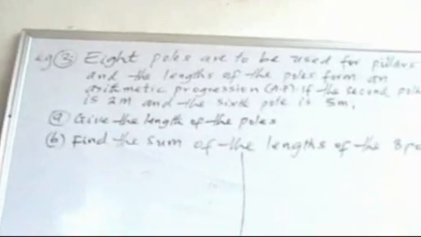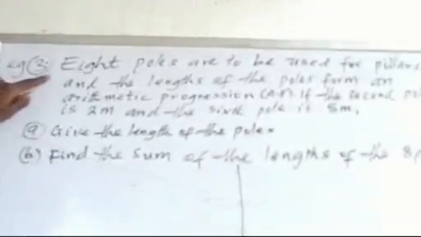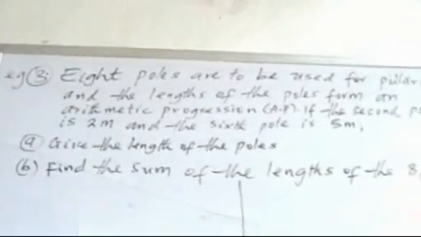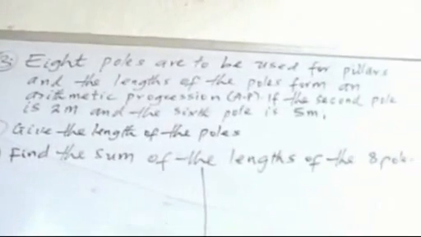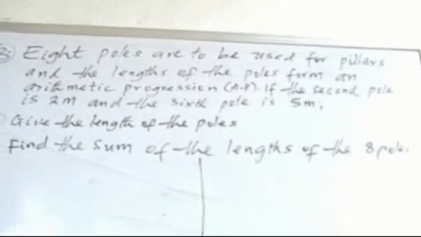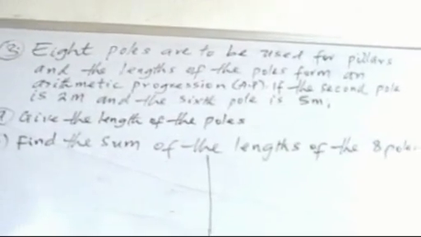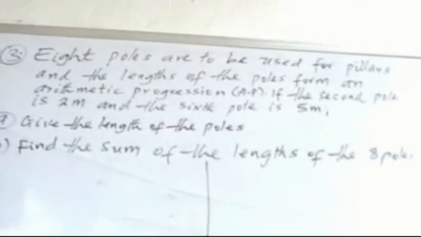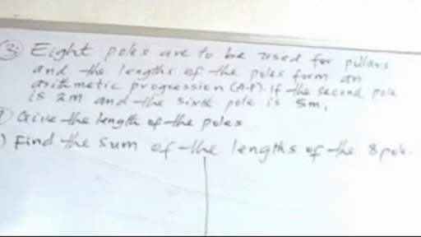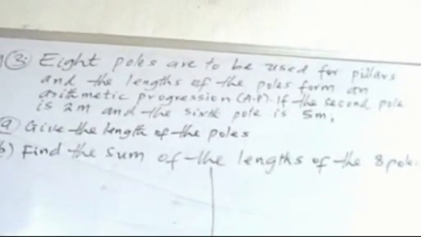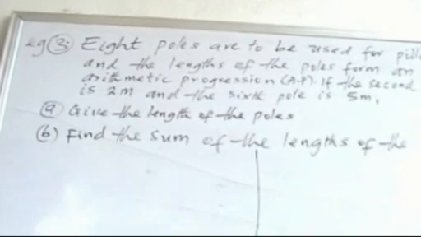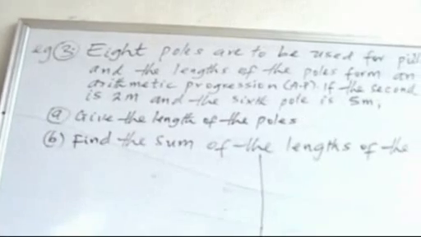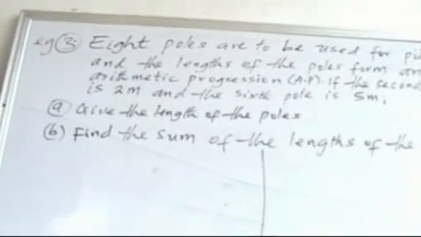I have the third example here on the board, still under arithmetic progression, AP. 8 poles are to be used for pillars, and the lengths of the poles form an arithmetic progression, AP. If the second pole is 2 meters and the sixth pole is 5 meters, A, give the length of the poles.